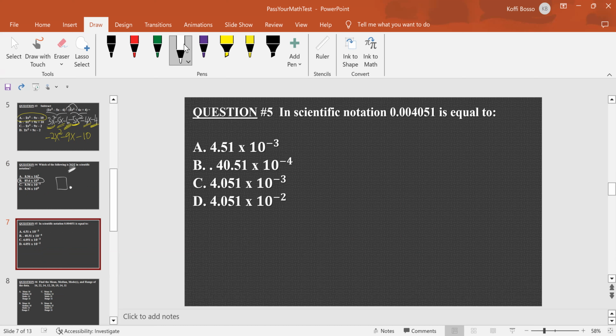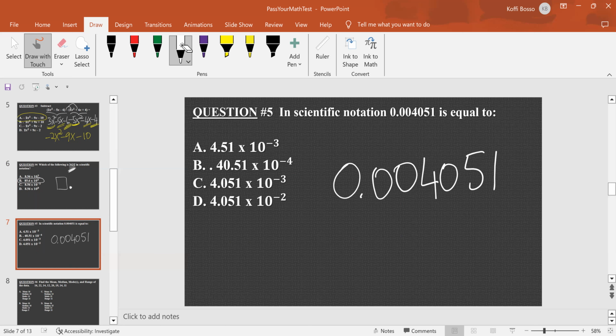So this time they want to write 0.00040.51 in scientific notation. So let's rewrite it here. Like I explained before, in scientific notation I will have one digit before the decimal point, but that one digit will not be 0.